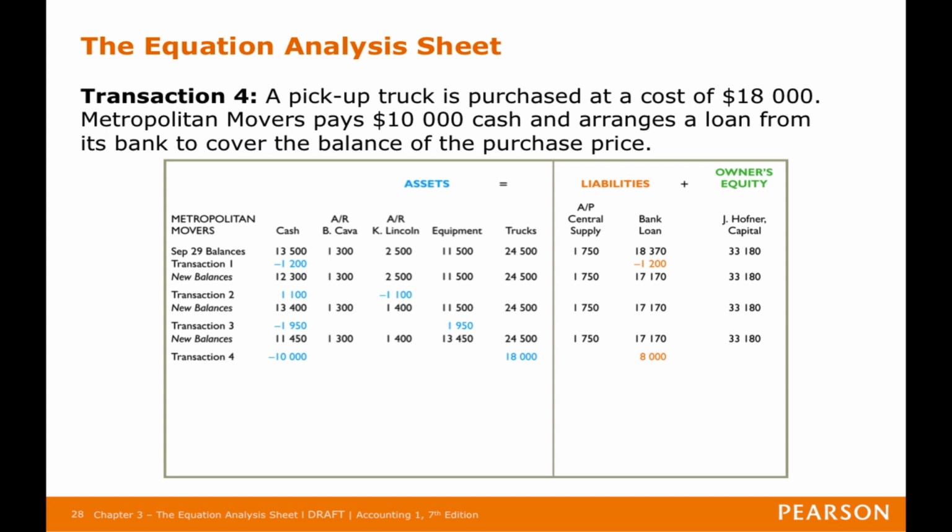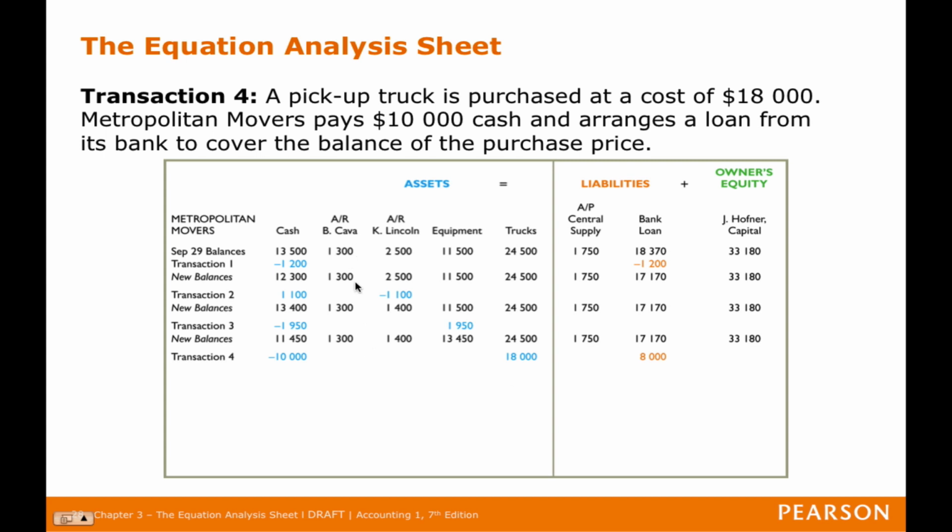You'll see here that any changes based on each transaction have a way of canceling themselves out on both sides of the fundamental accounting equation. So in this transaction, we're decreasing cash by $10,000 and increasing trucks by $18,000, and there is a difference there of $8,000. And we see on the liabilities and owner's equity side, we have the increase of $8,000 there.